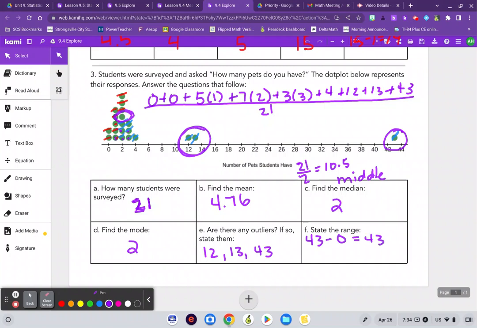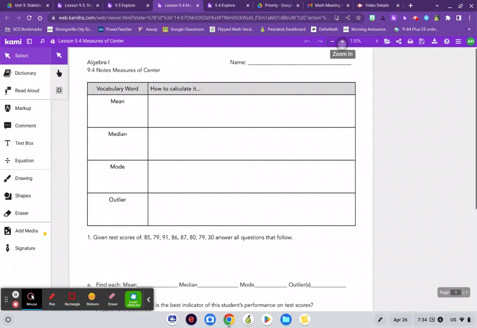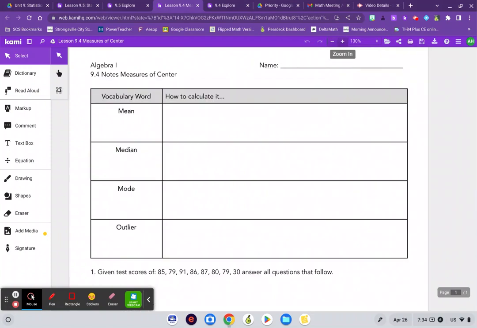Okay, so we are going to go ahead and get some quick notes down on some definitions here. And so you're going to flip in your packet to the 9.4 notes for measures of center. When we talk about the mean, we are talking about the average. So I'm going to put that word in here.